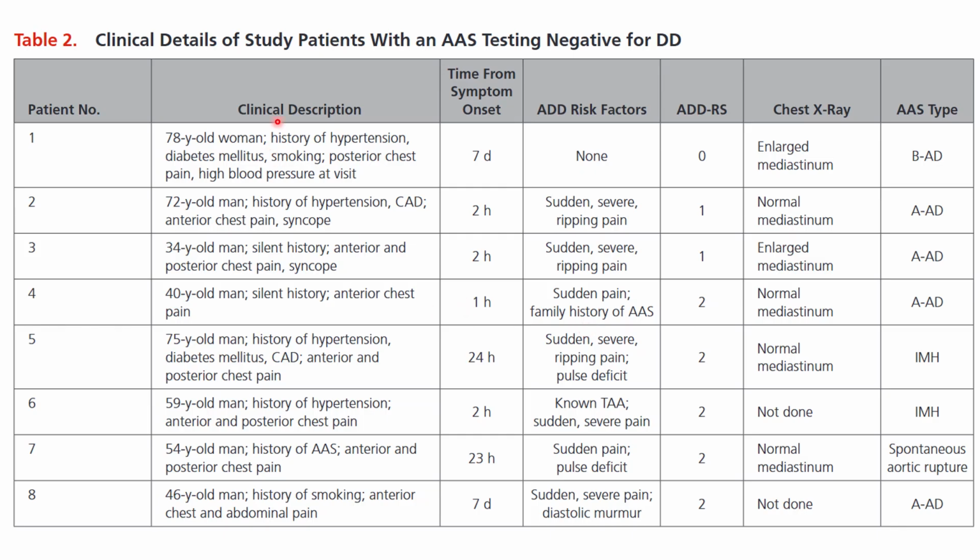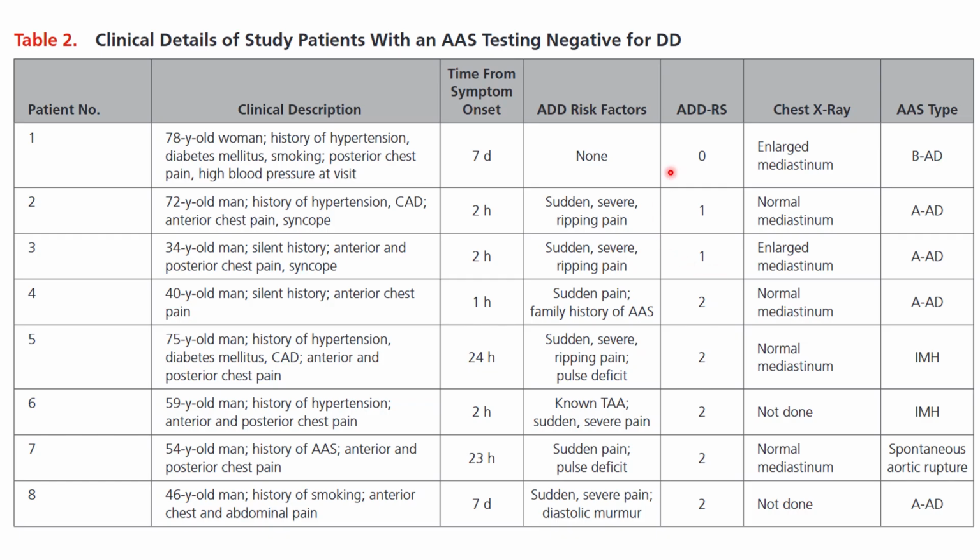Here are the details of the patients that had a negative D-dimer and, despite that, had this aortic dissection. I would say there's a line going here, between case 3 and 4, because above this you have an ADRS score of more than 1, and this is where we normally would be advised to do a CT scan.